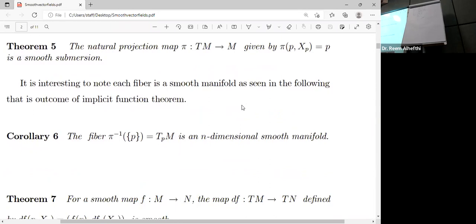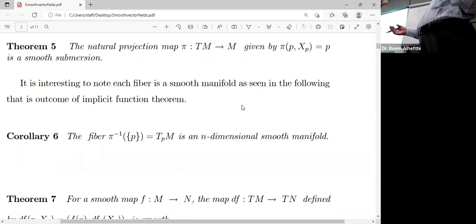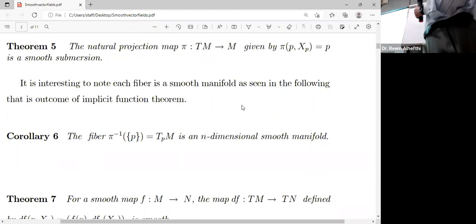If you take M to be just an open subset U of Rn, what would be TM? It is the same, it will be U cross Rn, which is open. So the tangent bundle of U will be U cross Rn, because it is a trivial bundle.